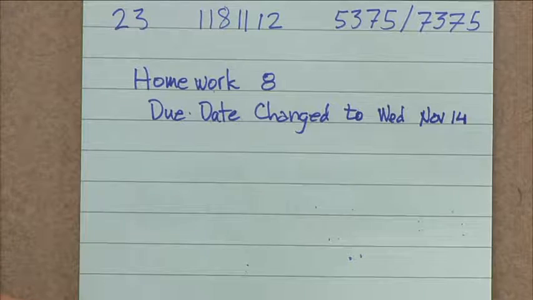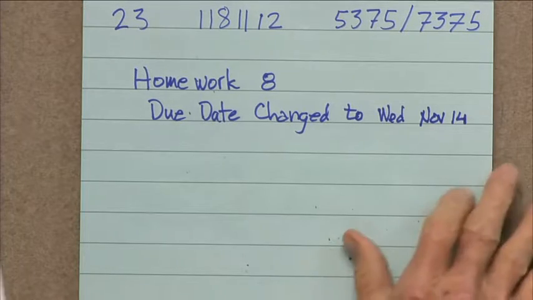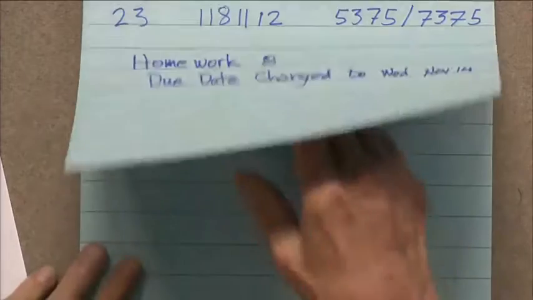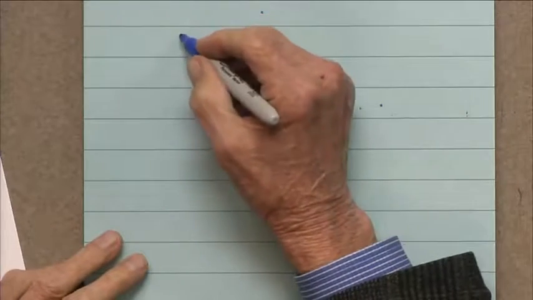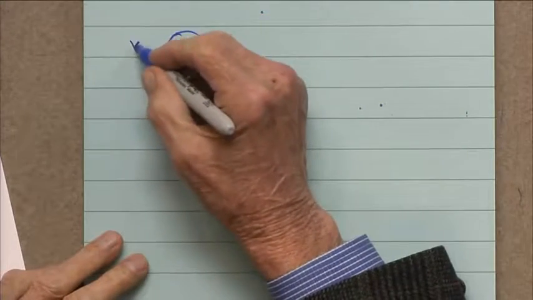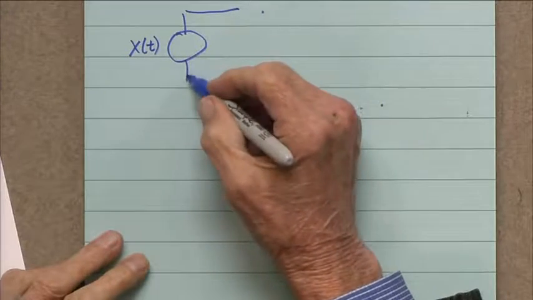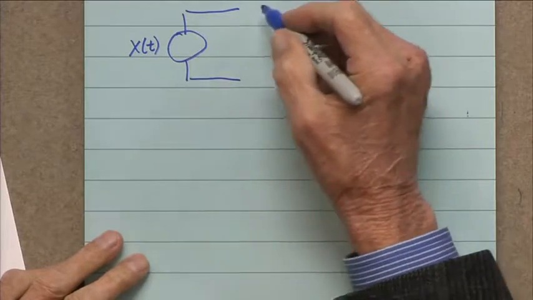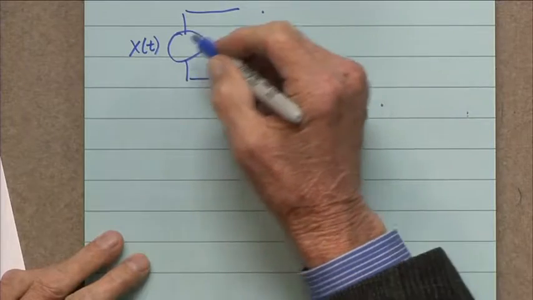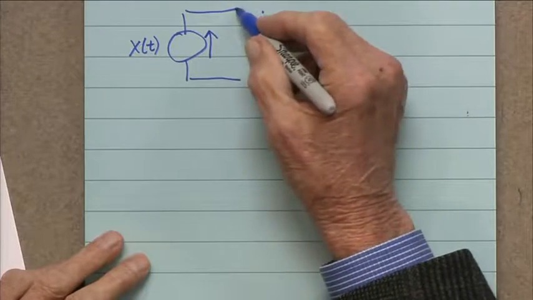We talked about this problem last time. It was the RC circuit problem. X of t is the input. We'll make that a current source.